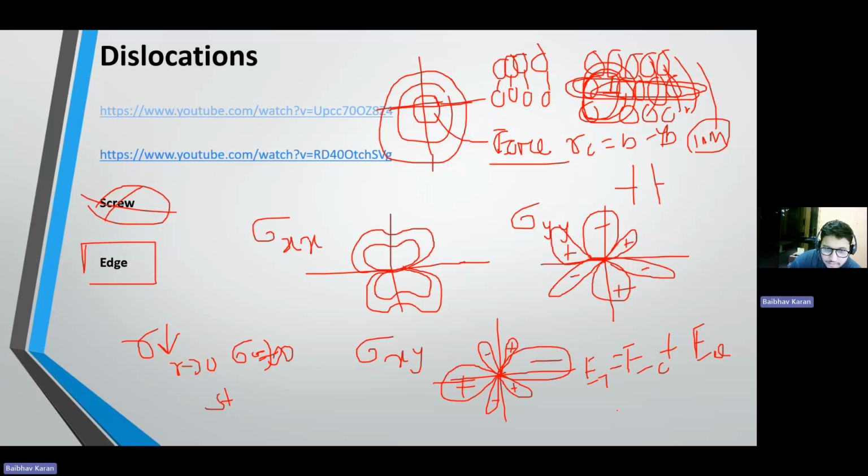This value comes out to be alpha G b squared. b, as you know, is the Burgers vector, G is the shear stress value, and alpha is a constant which ranges from 0.5 to 1.5. Right? And here you can observe that the core energy is less than 10% of the total value.